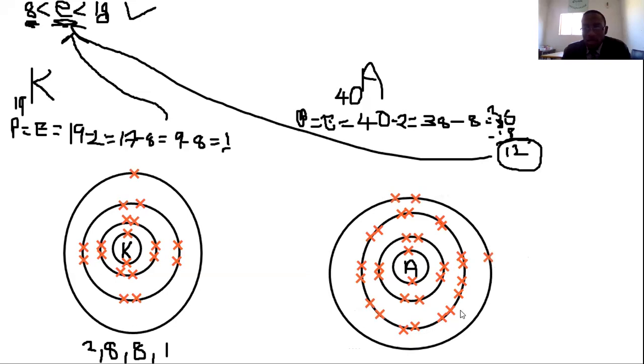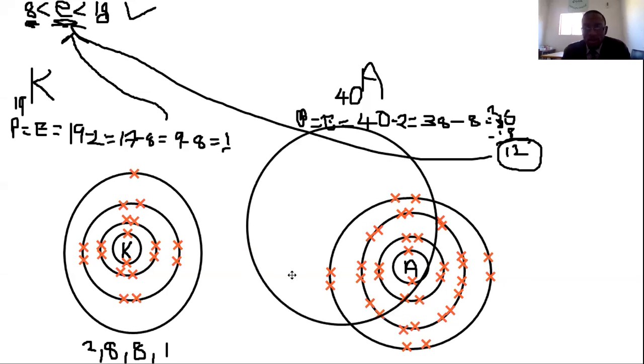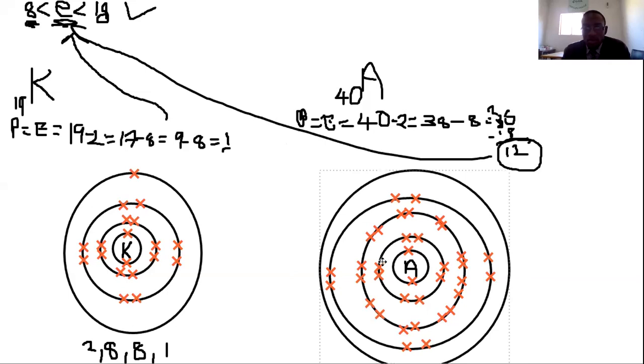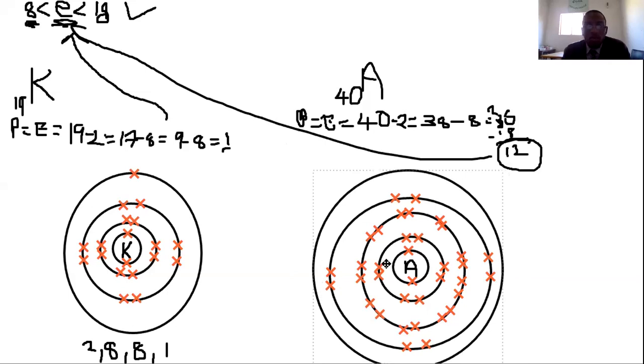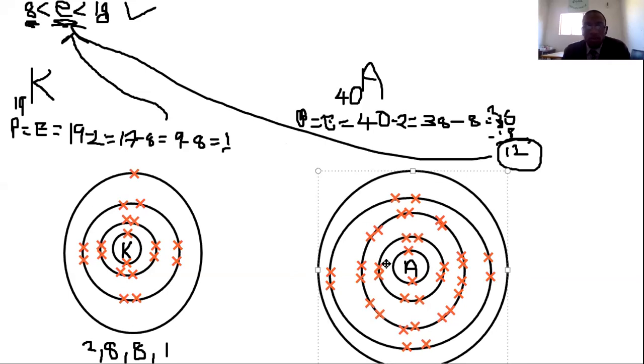So the remainder is what will go in the last shell. We're going to have another shell. That is where we're going to put the remainder of 4. That is 1, 2, 3, 4.